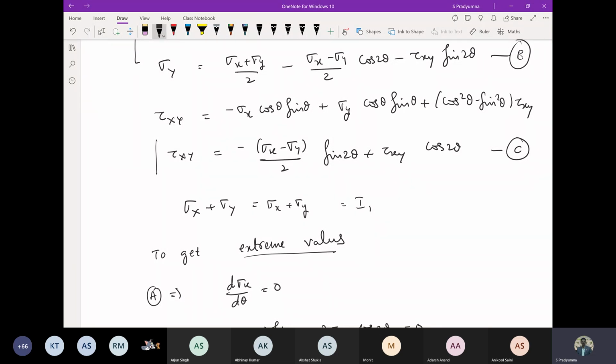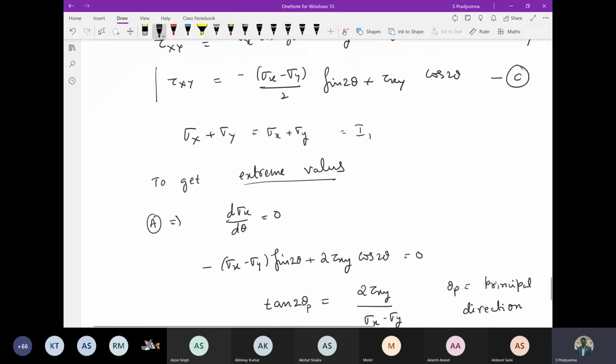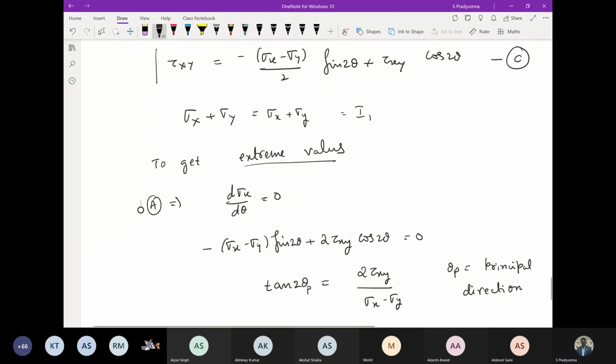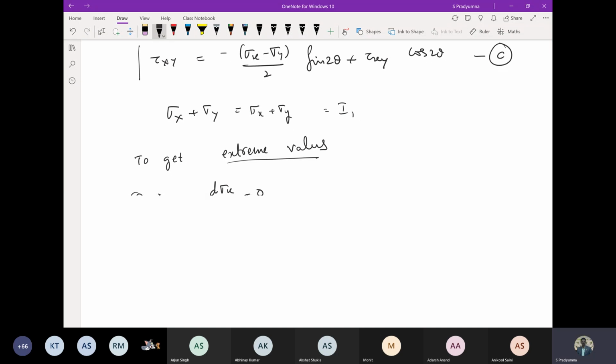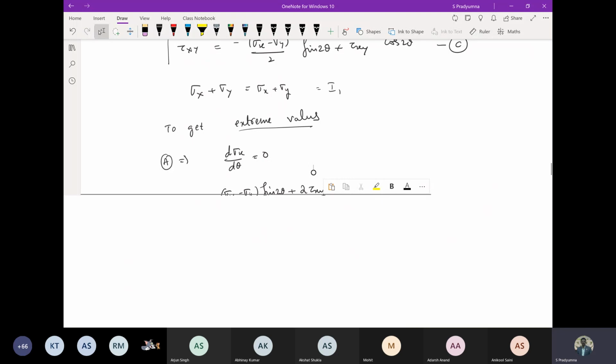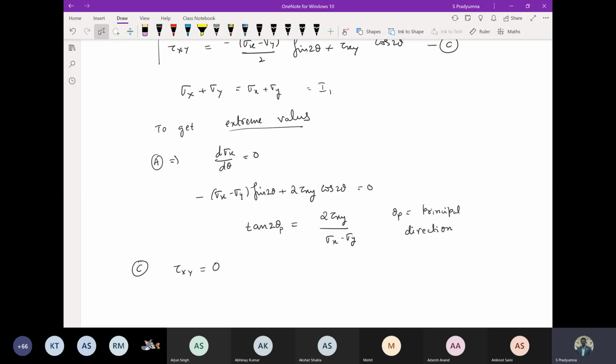Now I know that I can get the principal plane as the plane on which the shear stress is equal to 0. Can I make equation C, tau xy, equal to 0? So what do I get? 0 is equal to minus of sigma x minus sigma y by 2 sine 2 theta plus tau xy cos 2 theta.